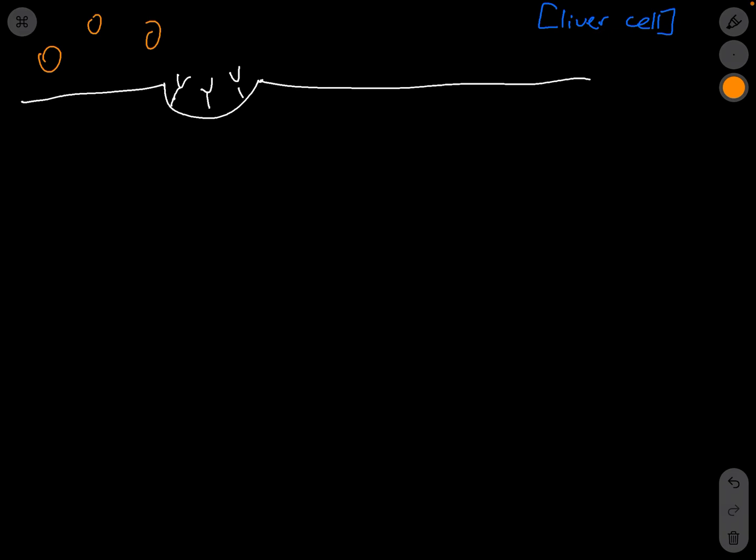Now these LDL cholesterol receptors latch on to this LDL cholesterol, and once they latch on, the cell internalizes this LDL cholesterol into the cell in what we call coated vesicles.